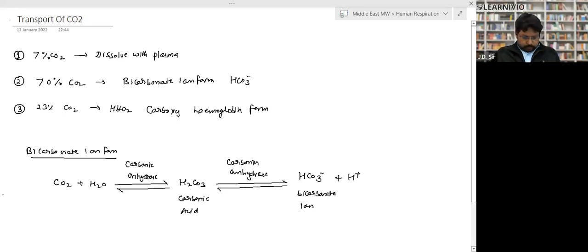Note down this reaction and let me know. Done?